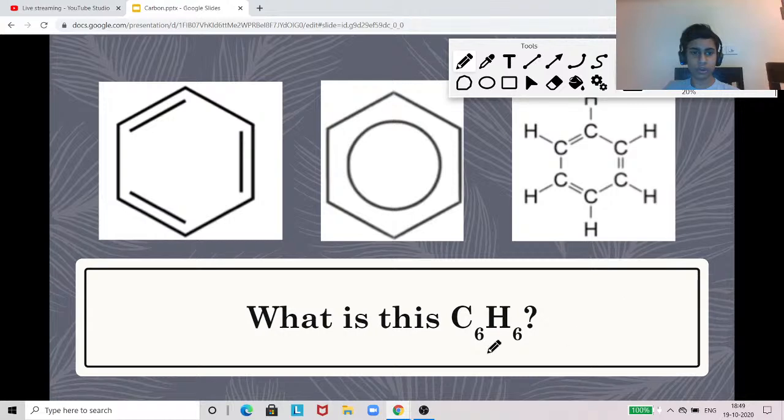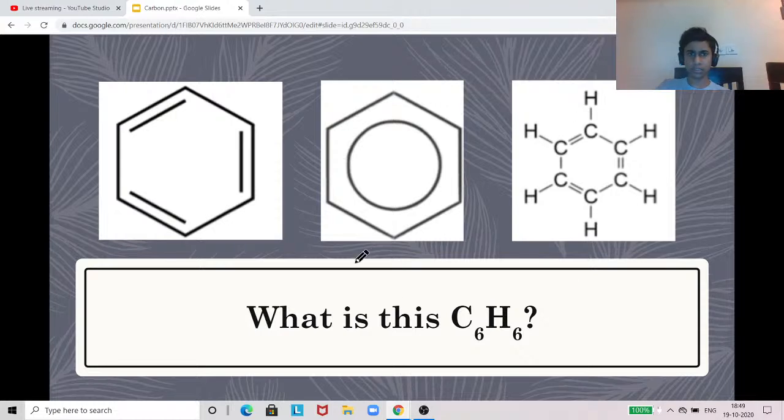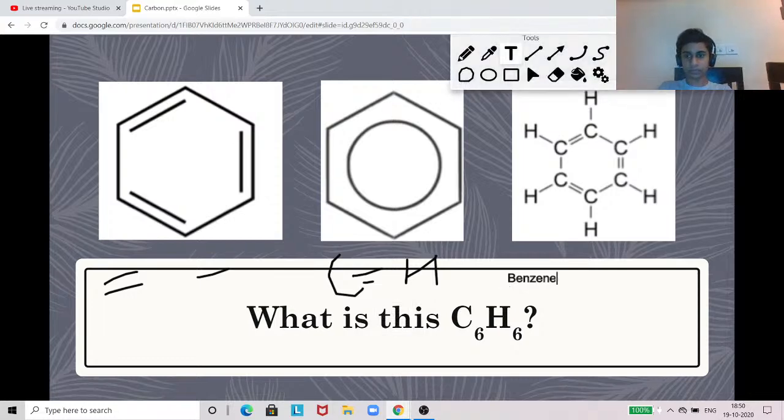Now, talking about this compound, we saw the structure, it looked like this. What is the C6H6? We know the carbon atoms are equal to hydrogen atoms, and they are in alternate single and double bonds. Now, what is this? Ideally, this is benzene. Now, what are all these three things? Are they all benzene?